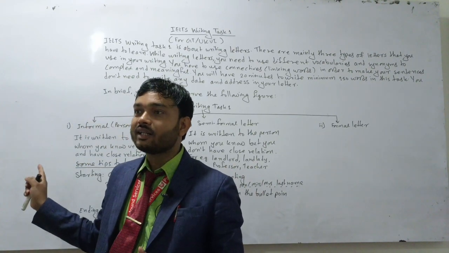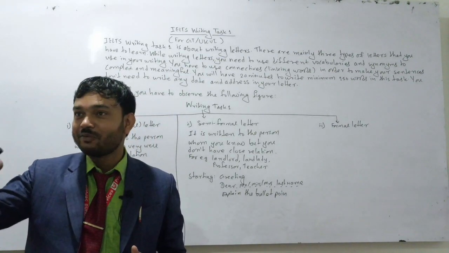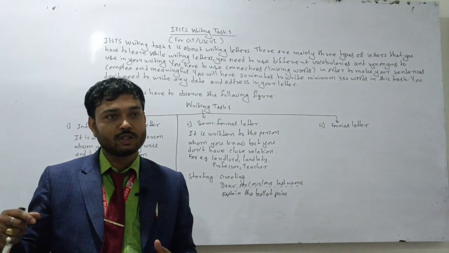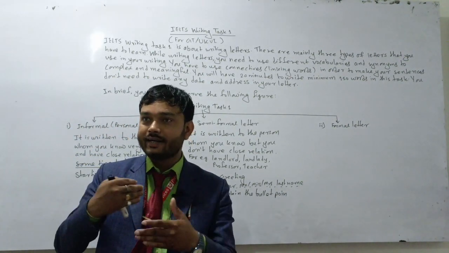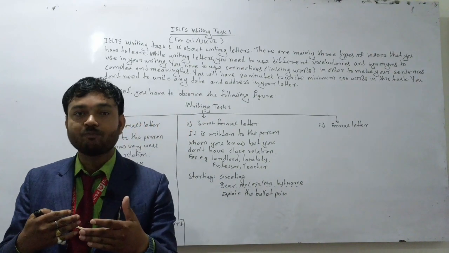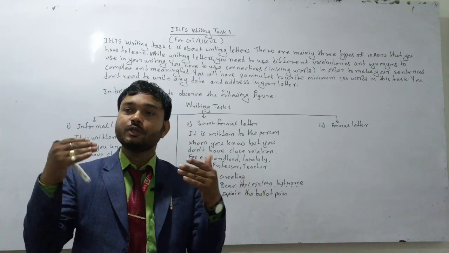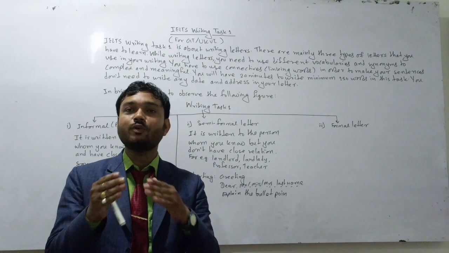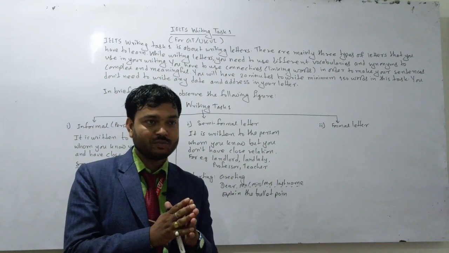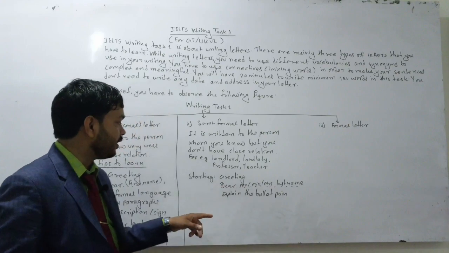Personal letter means you meet the person regularly, like your friend circles, your family members. You meet every day, you have good attachment, good emotional relationship. But for semi-formal, you know the person but you don't have a close relationship. Clear the concept now? Okay.